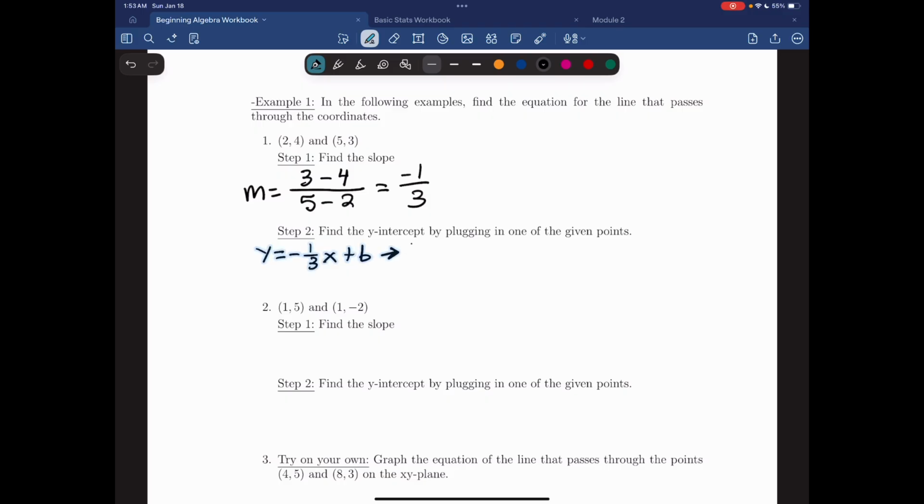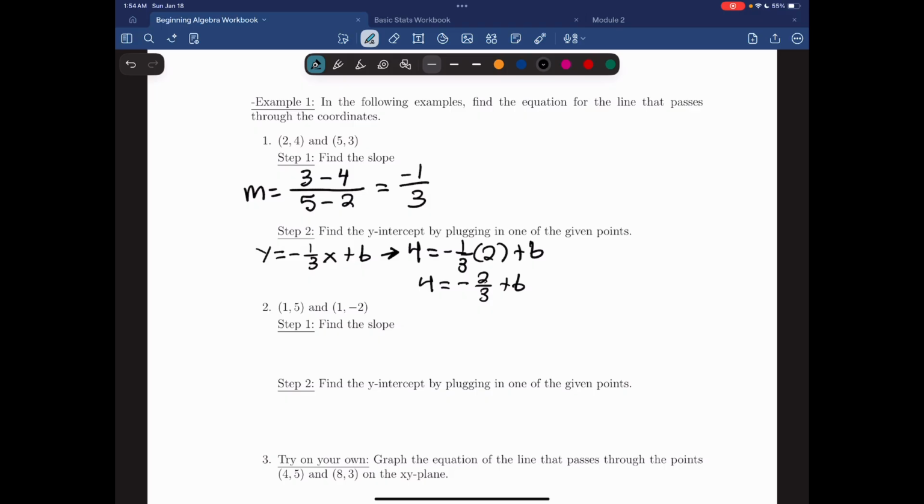So recall 4 is our y value, so we're going to say 4 equals -1/3 times x, and x is 2. So we get -1/3 times 2 plus b. Now let's solve for b. Let's figure out what our y-intercept is. So -1/3 times 2, that just becomes -2/3 plus b.